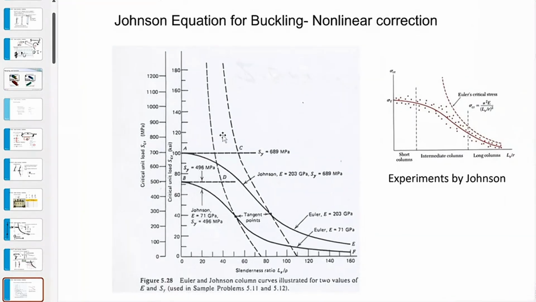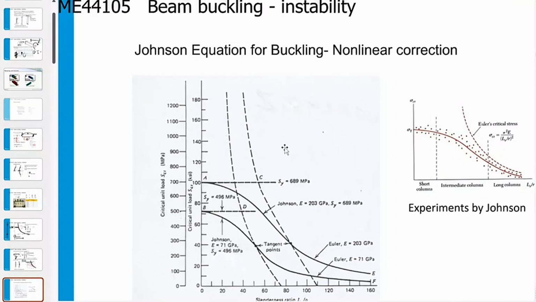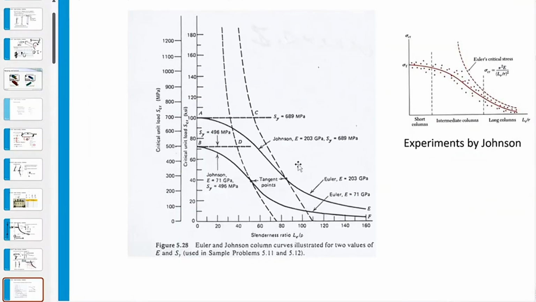Johnson made a modification to the Euler equation, and he took into account both the yield limit and the Euler buckling limit, and then he made what we now call the Euler-Johnson curve.